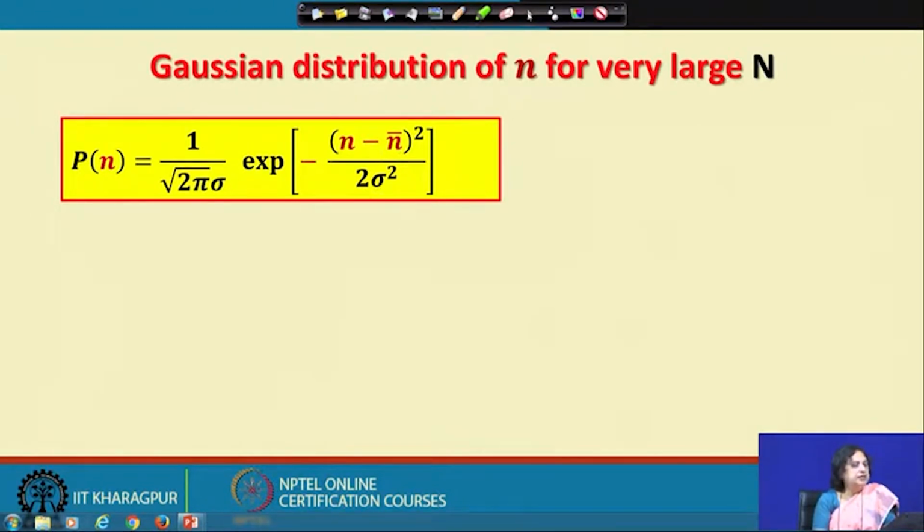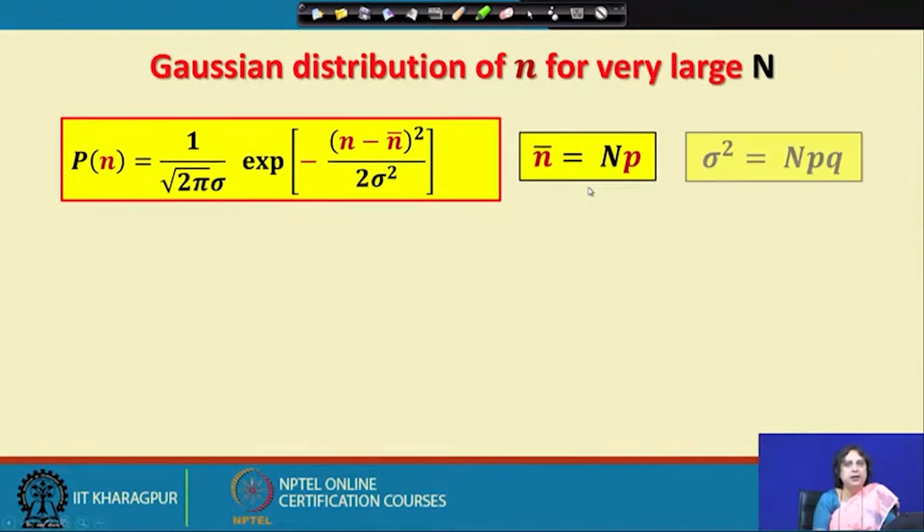For the given system, n bar is given by capital N into P, and sigma square is given by capital N, P and Q. Now, please try to understand, if capital N is a very large number and small p is a fraction, n bar itself is still a very, very large number.